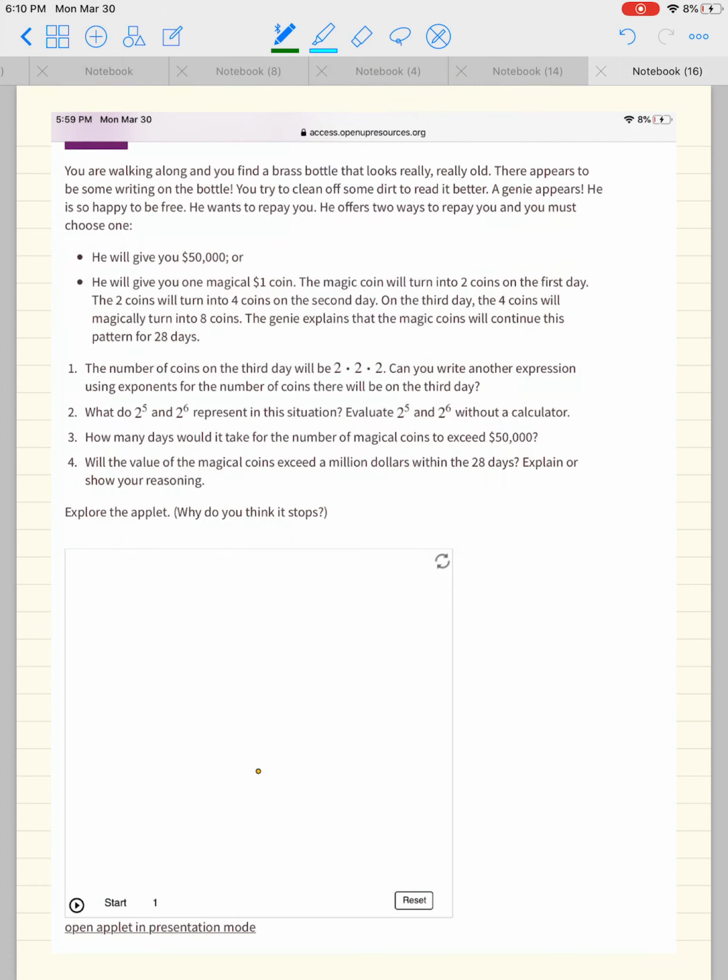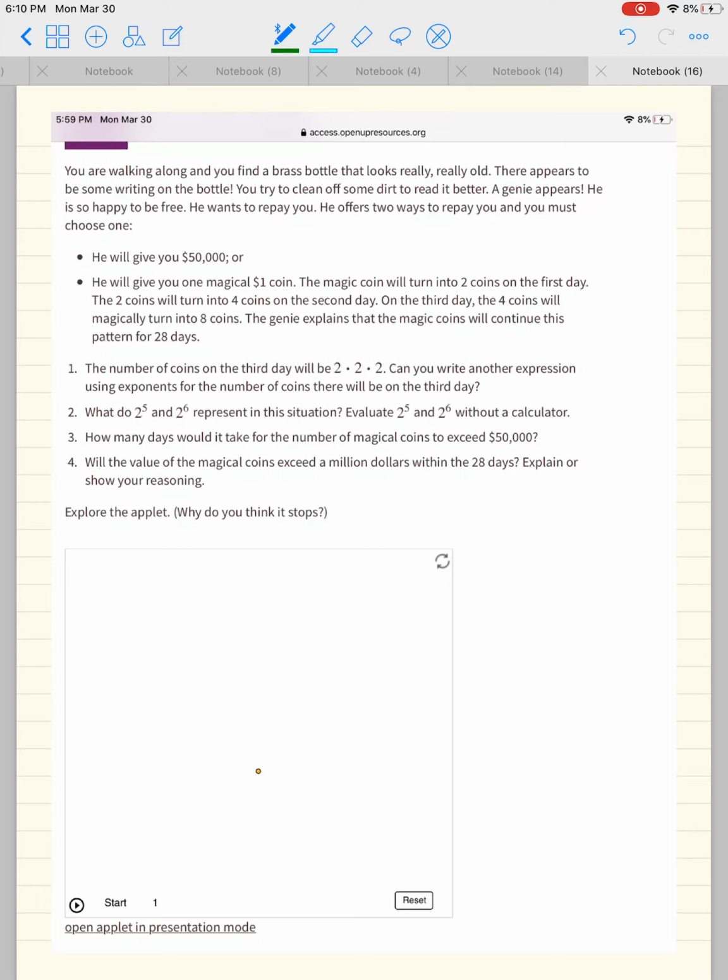Okay, this is a cool problem. It says you are walking along and you find a brass bottle that looks really, really old. There appears to be some writing on that bottle. You try to clean off some dirt to read it better, and a genie appears. He is so happy to be free, he wants to repay you. He offers 2 ways to repay you, and you must choose one.